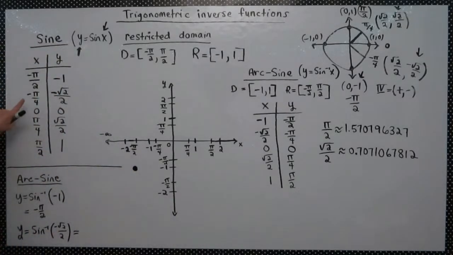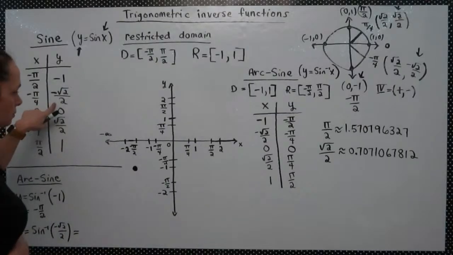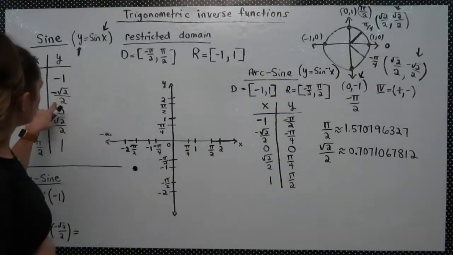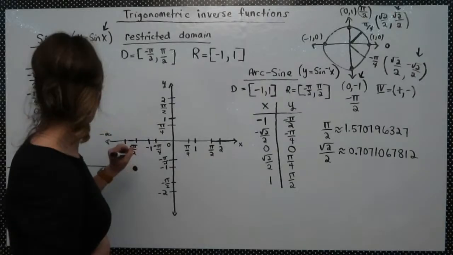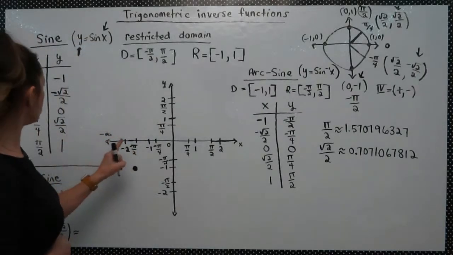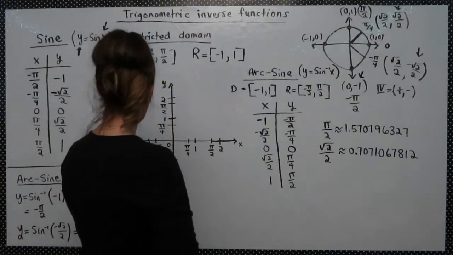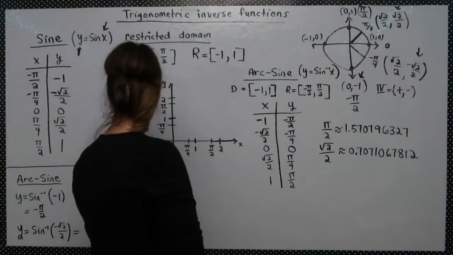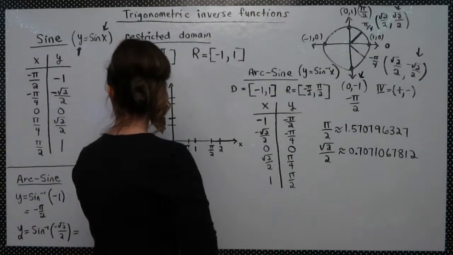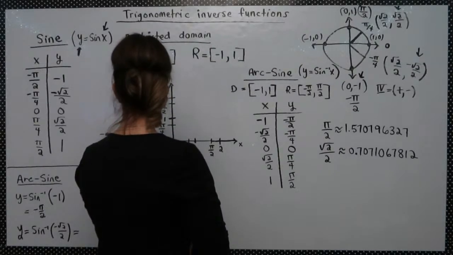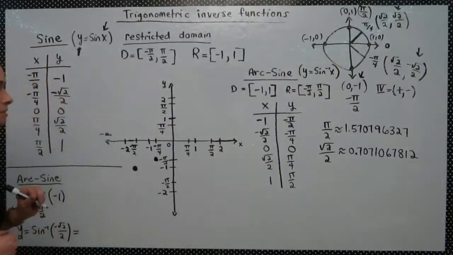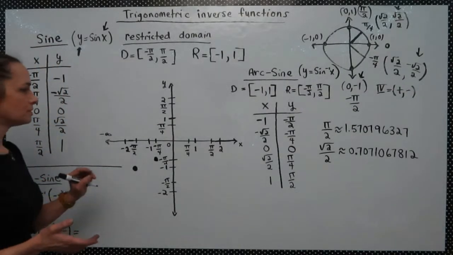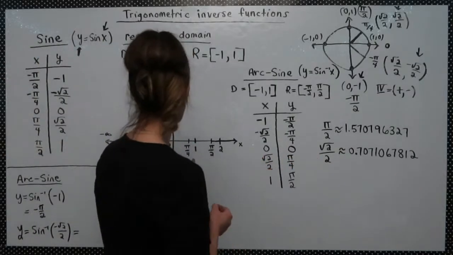And we've got -π/4, -√2/2. It's right here. Wait a second, what did I do? √2/2 is 0.7.